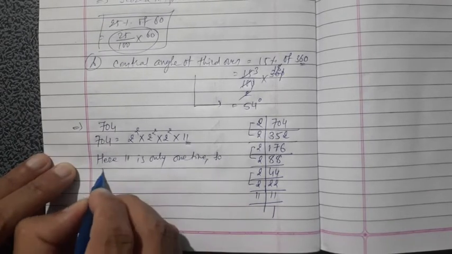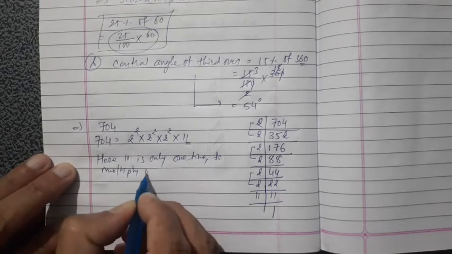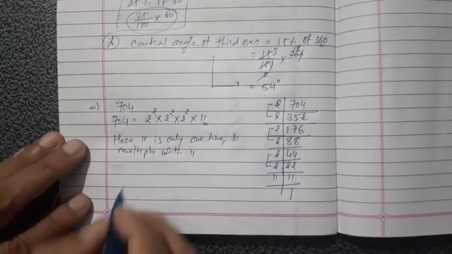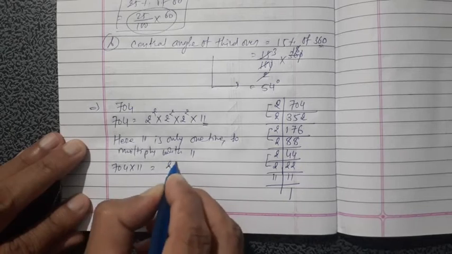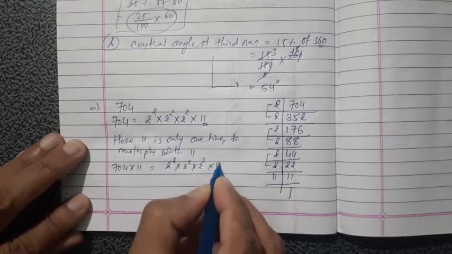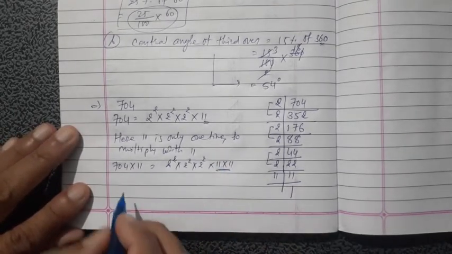So multiply with 11. Okay, multiply both sides with 11. So 704 into 11 equals 2 square, 2 square, 2 square into 11 into 11. So that is in square form, 11 into 11, 11 square.